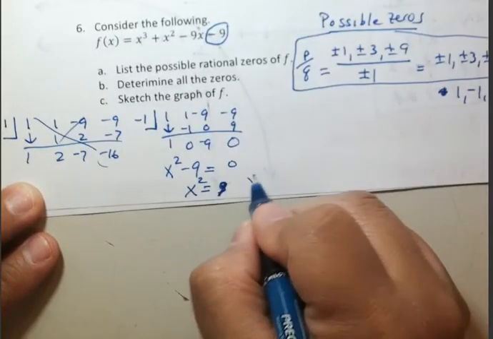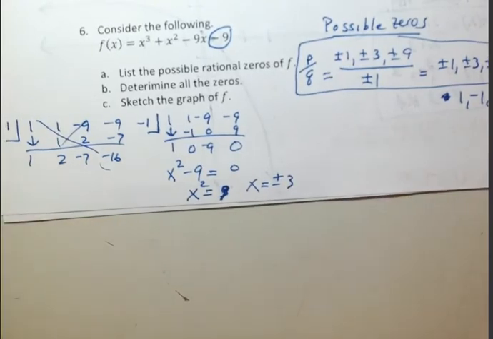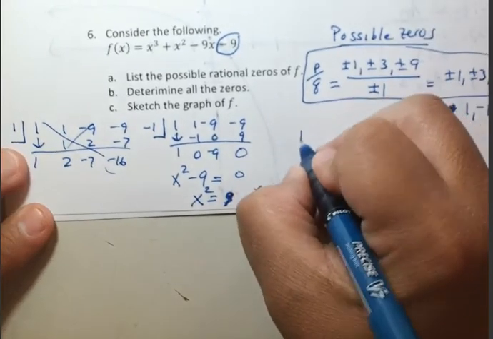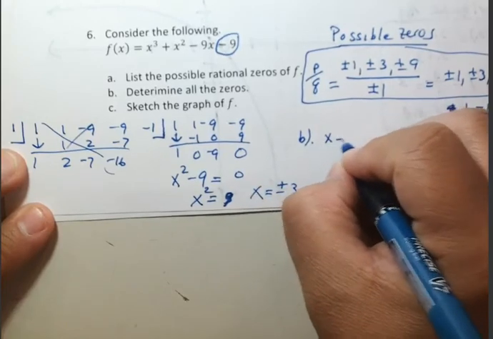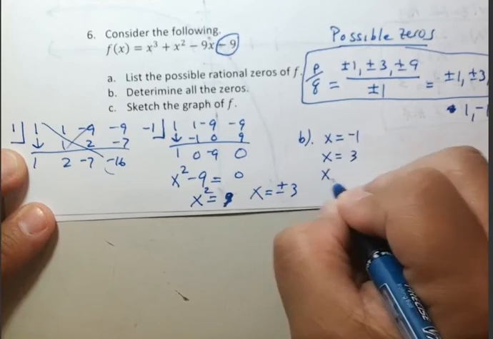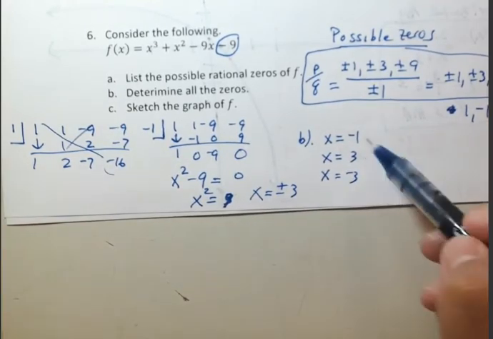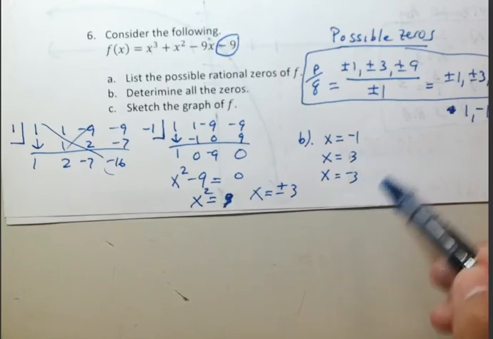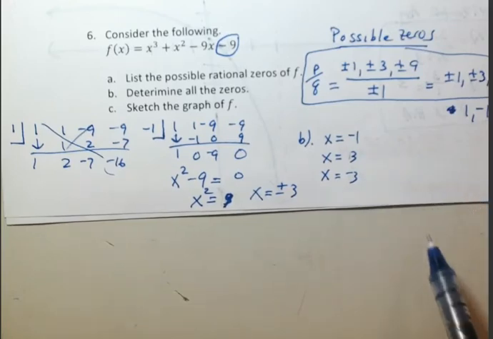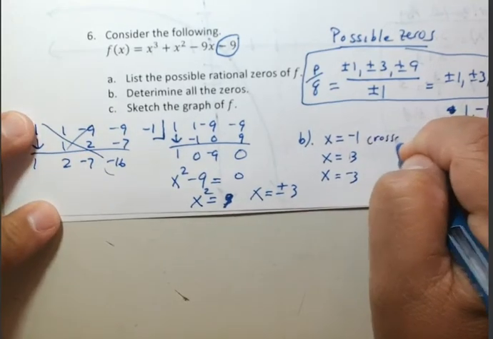Take the square root, so x equals plus or minus 3. So for letter B, your zeros are x equals negative 1, x equals 3, and x equals negative 3. And they all appear just one time, right? So that means that at that point the graph is going to cross. Okay. So the graph crosses.